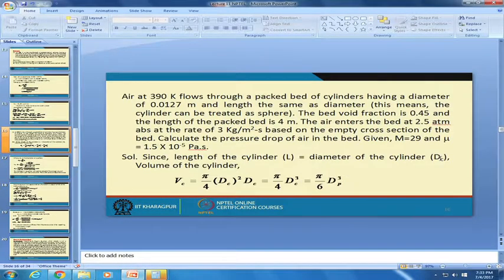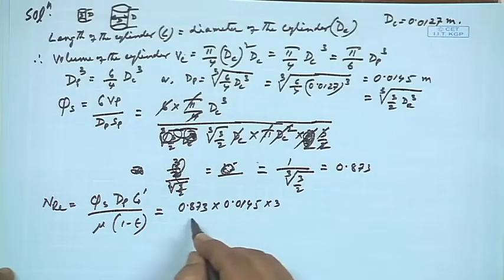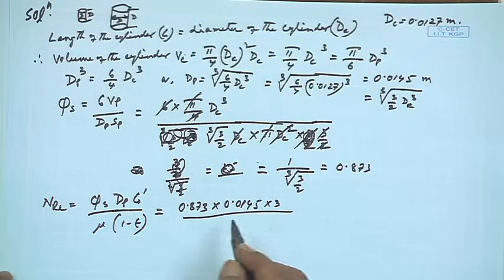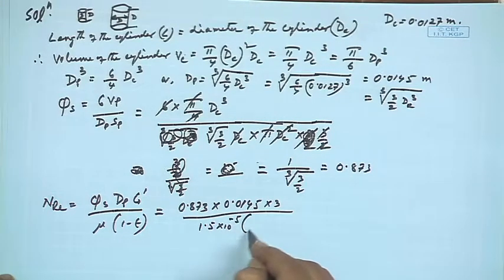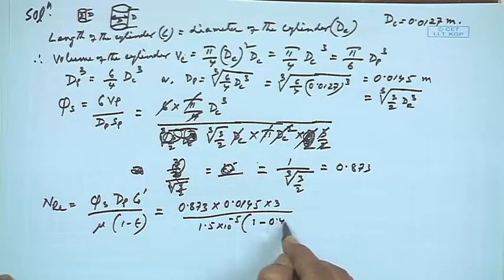G prime is given as 3 kg per meter square, into 3 divided by mu, given as 1.5 × 10 to the minus 5, and epsilon is given as 1 minus 0.45.